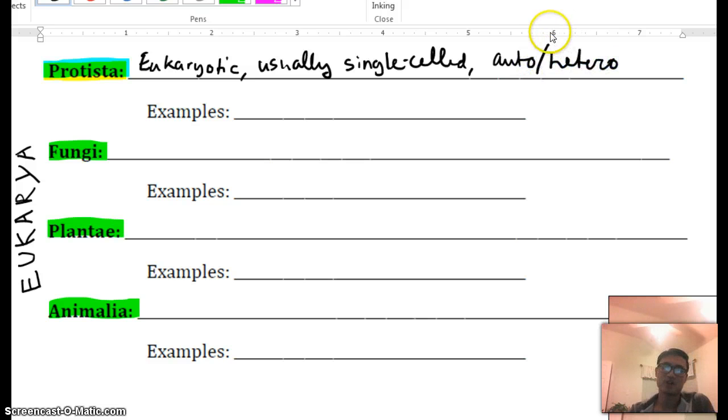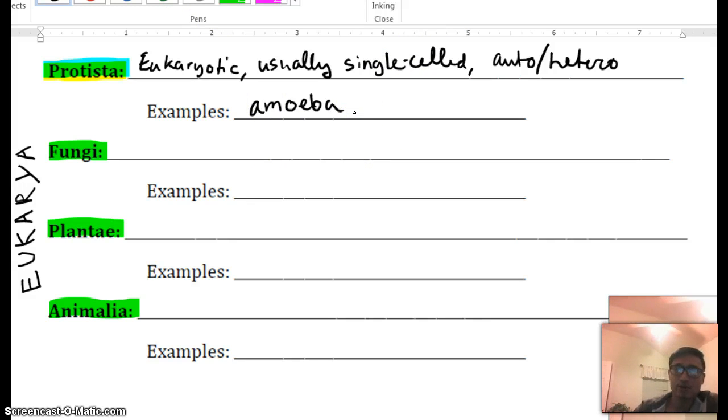Again, it's kind of a catch-all group. We had all these microorganisms that weren't archaea, that weren't eubacteria, and we figured, okay, let's put them in Protista. So some examples include the amoeba that we just saw. An amoeba is kind of like a microscopic slug in the way it moves because it extends one part of its body and then kind of creeps along and drags the rest of its body. And it's single-celled.